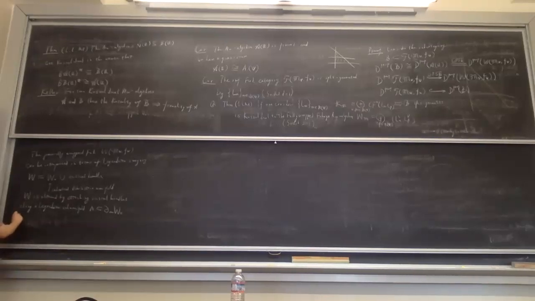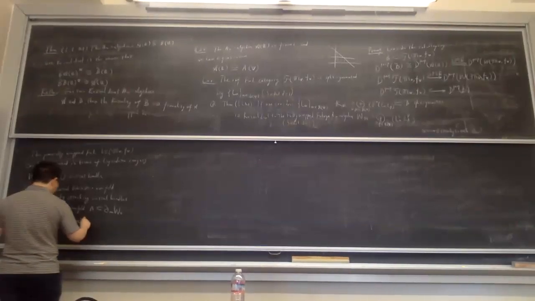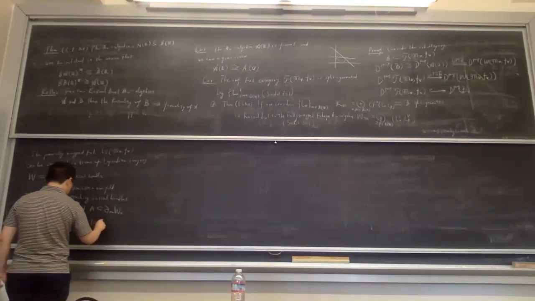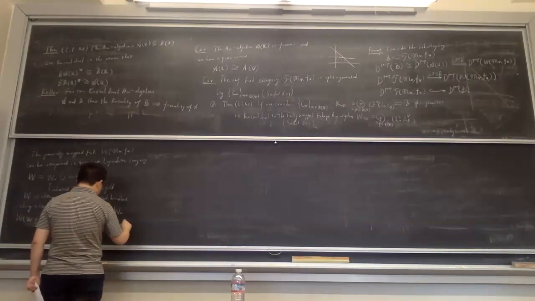And this partially wrapped Fukaya category, say in general you have a stopped Weinstein manifold, can be computed in terms of the Chekanov-Eliashberg DGA algebra.